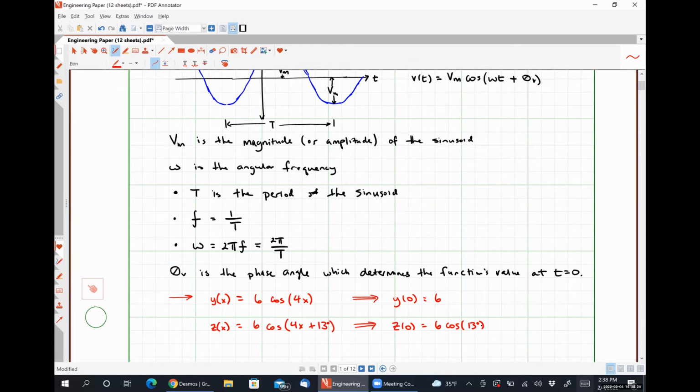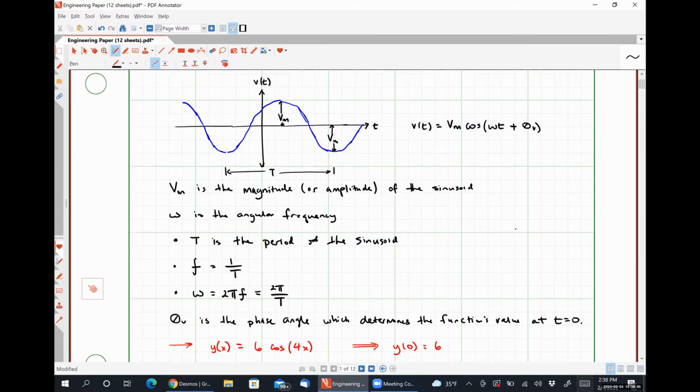So that phase angle tells us effectively where our function starts from. Another way to think about it is it represents how much we have shifted our sinusoid along the horizontal axis.